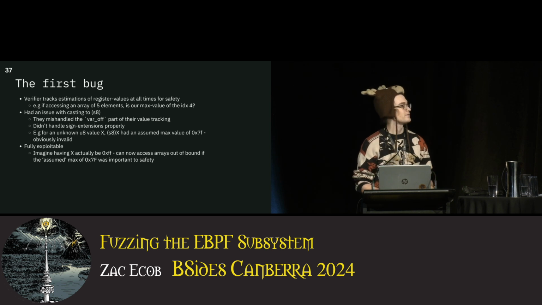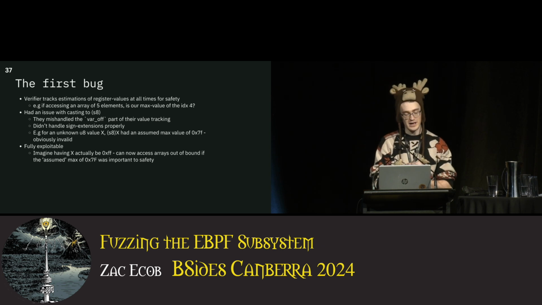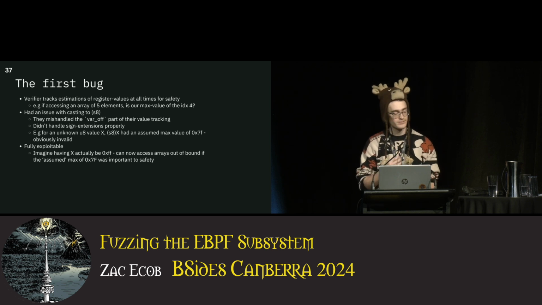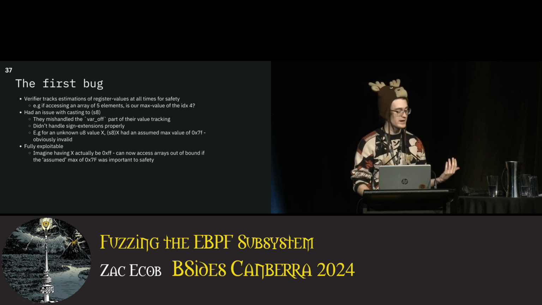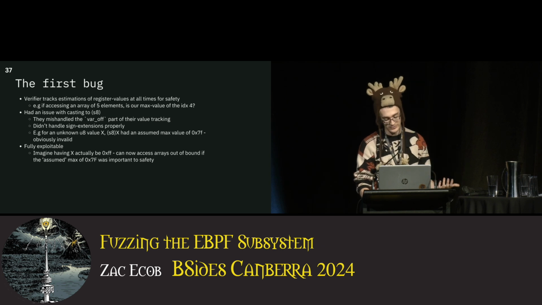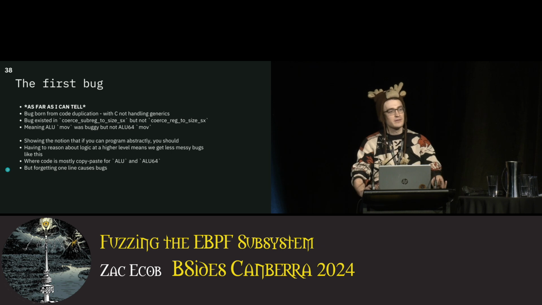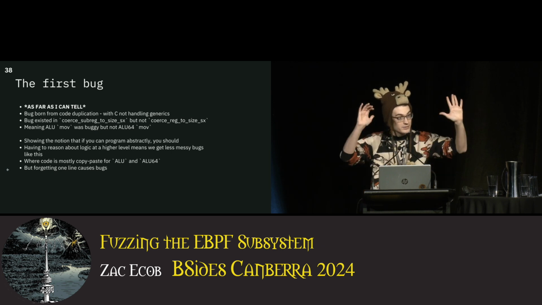So you can assume if there's a program which has a safety property dependent on us having a max value of 0x7F, but we actually had 0xFF, we can get out-of-bounds stuff, and then we can escalate that to higher and higher privileges to code execution. So, as far as I can tell, with asterisks.